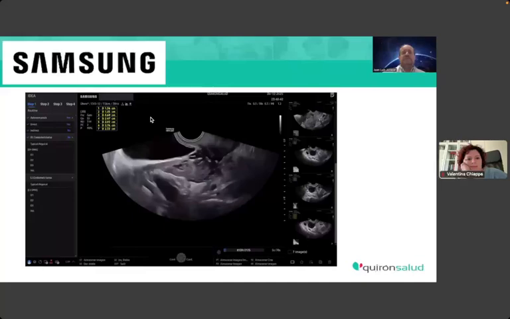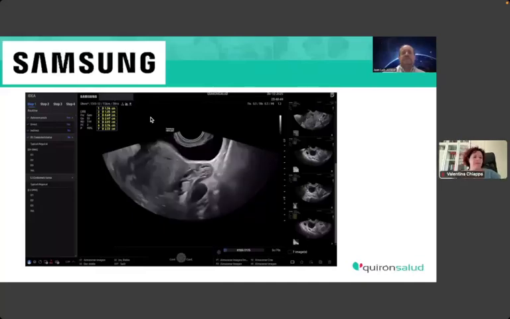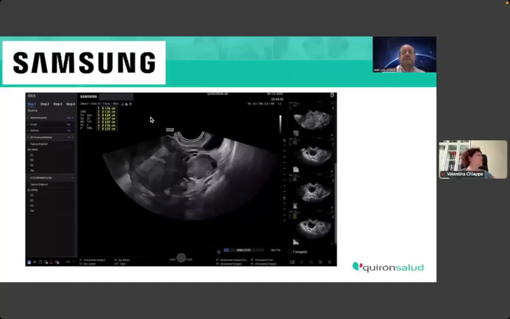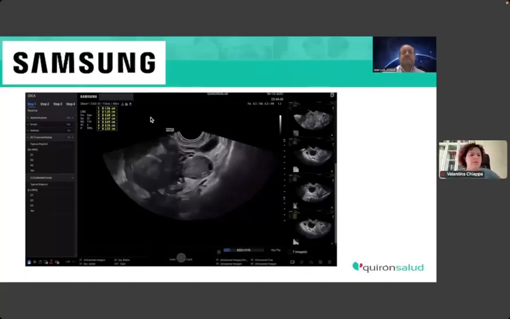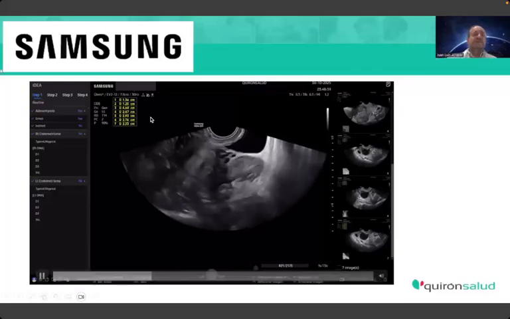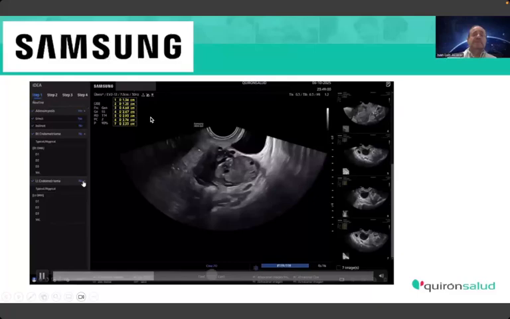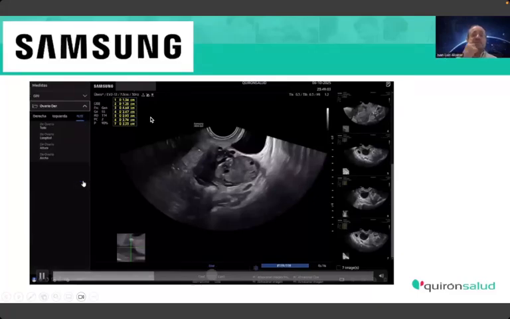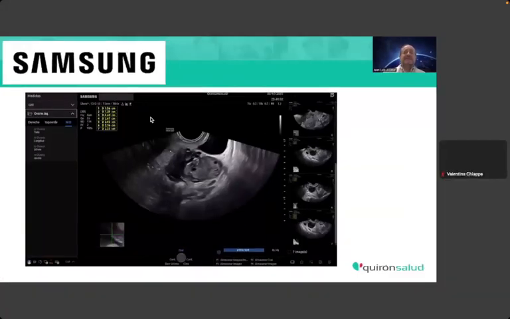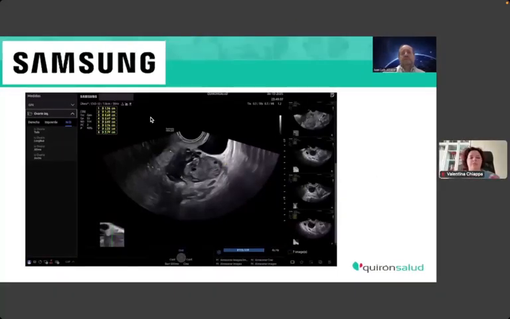This is the left ovary with the follicles, and then you can measure the ovary. If you see there is no endometrioma, you mark no endometrioma, as you can see here. And then you measure the ovary like this, from here to there, the length and the height of the ovary.